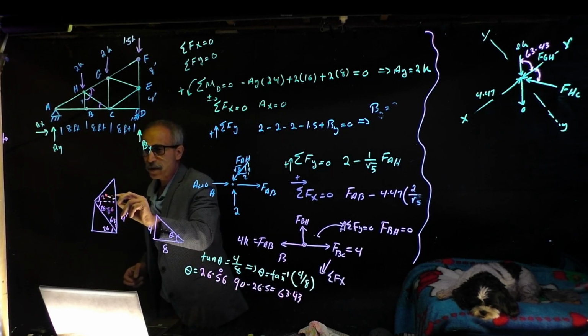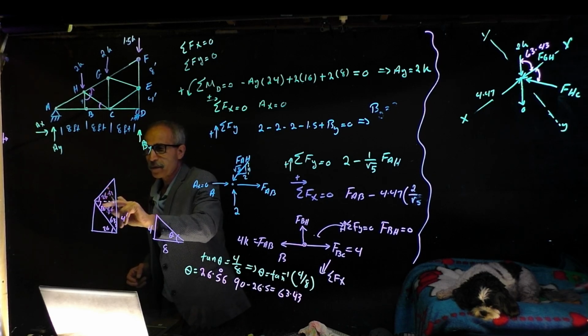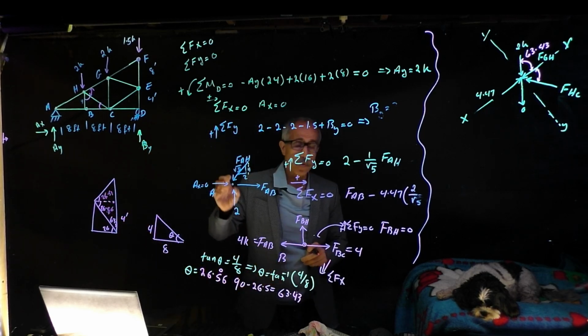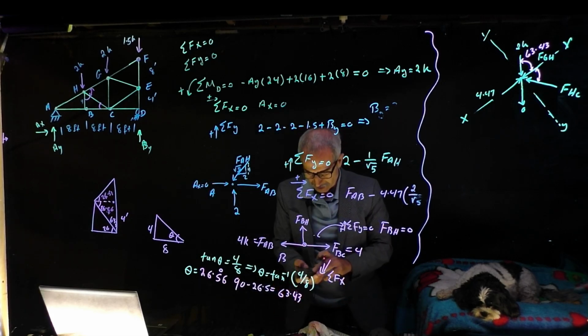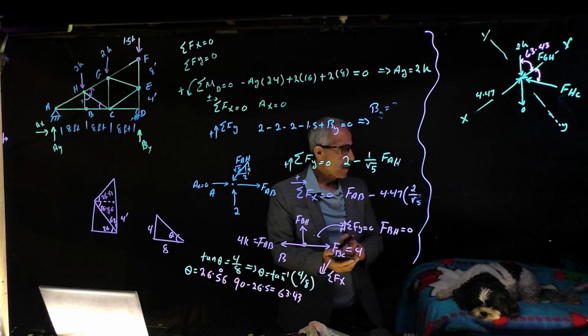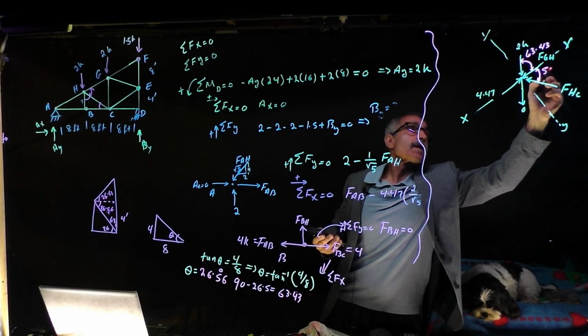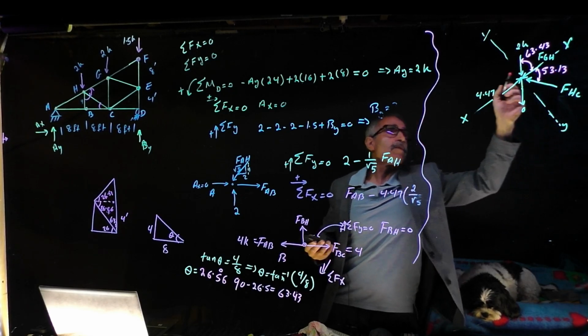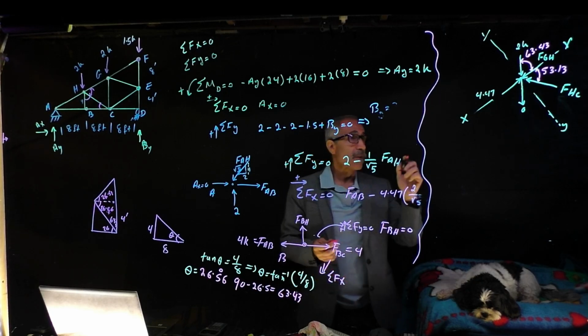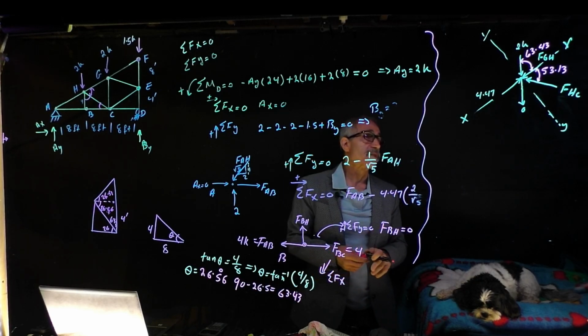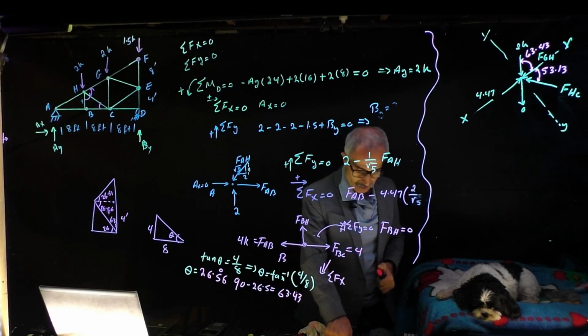So this is 26.56, and therefore from here to here would be 2 times 26.56, and that is 53.13. Whew. That's not easy. So now we've got that, we can go ahead and calculate it and solve it. Let's finish this one up.